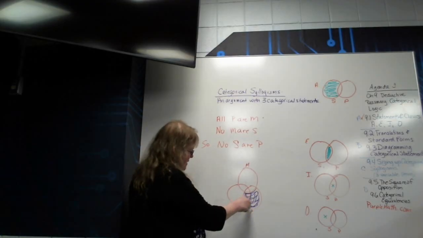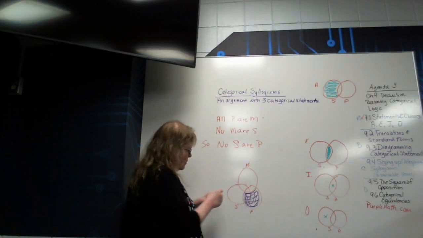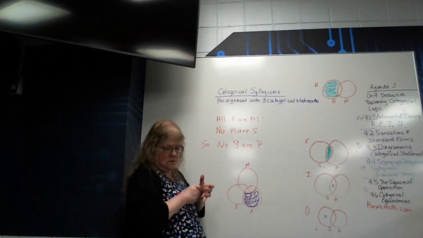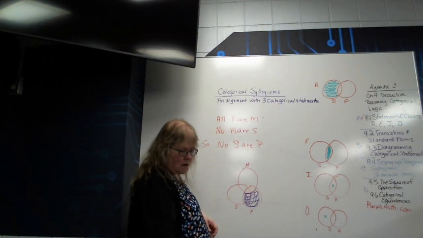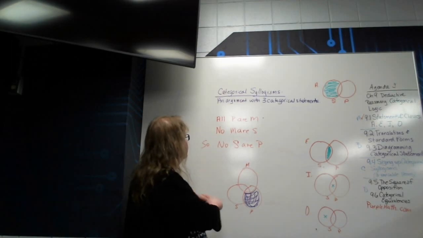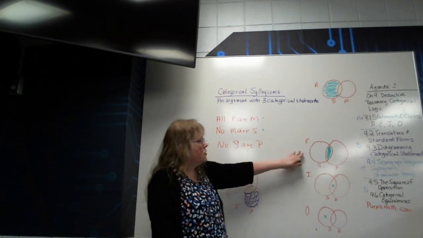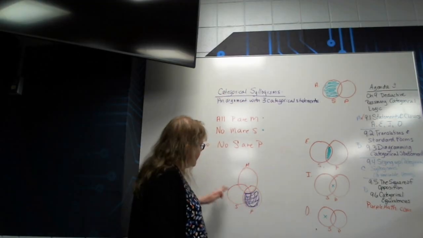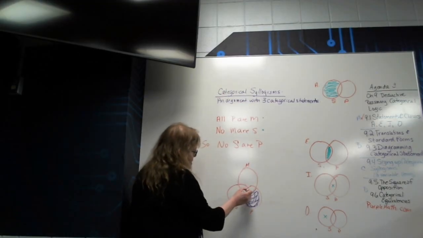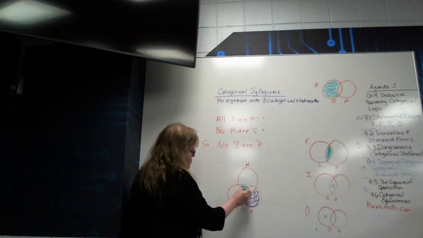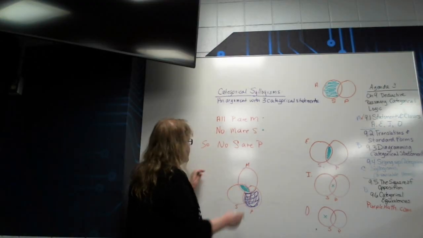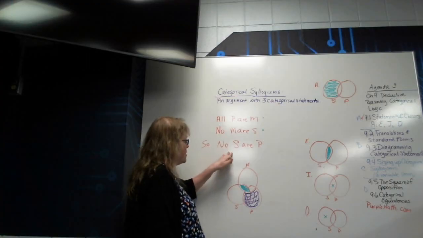See, it crosses here into that part of the eyeball, but it leaves that top little triangle open, okay? And then no M are S. So no M are S is going to look like this, except that it's got to be this. It's that eyeball section.